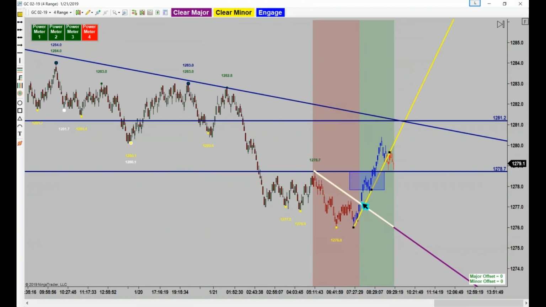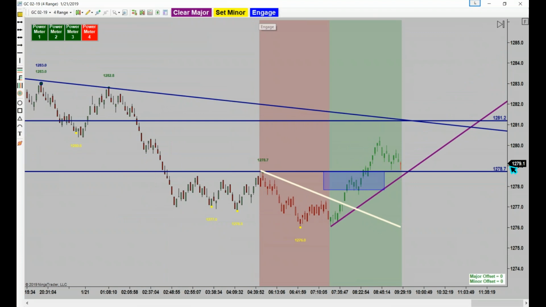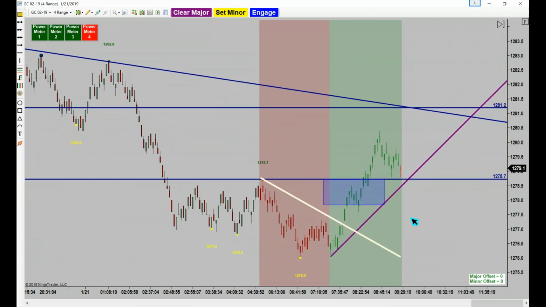You could also redraw your major if you wanted to. Just kind of go with those bars since it bounced off of it. And then if it was to break this trend line, it would actually change that background to red.